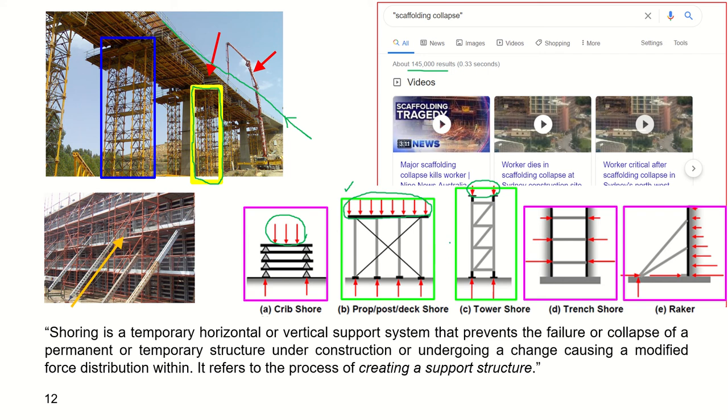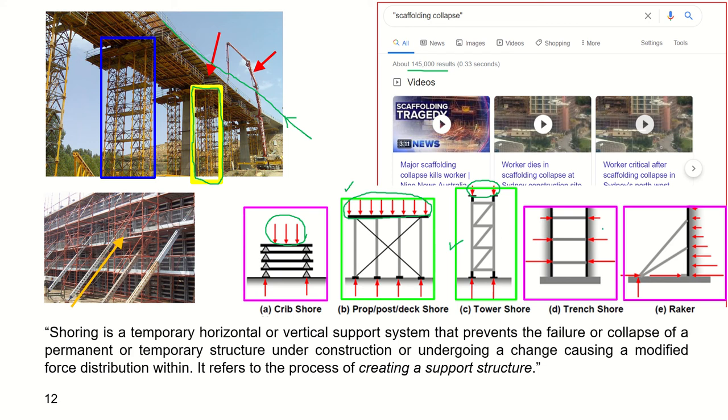And the tower shore is also a useful shore for towers, to give you access to the roof or the top level of a building. So these shoring systems are important when you need to transfer load from the top to the ground.